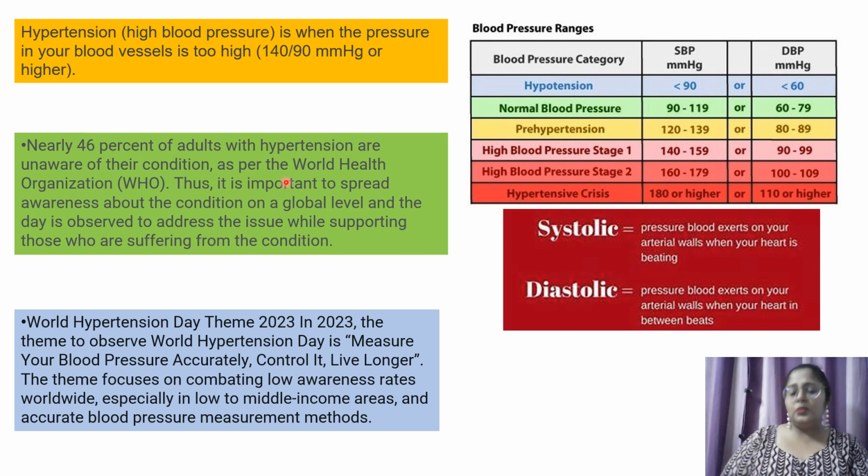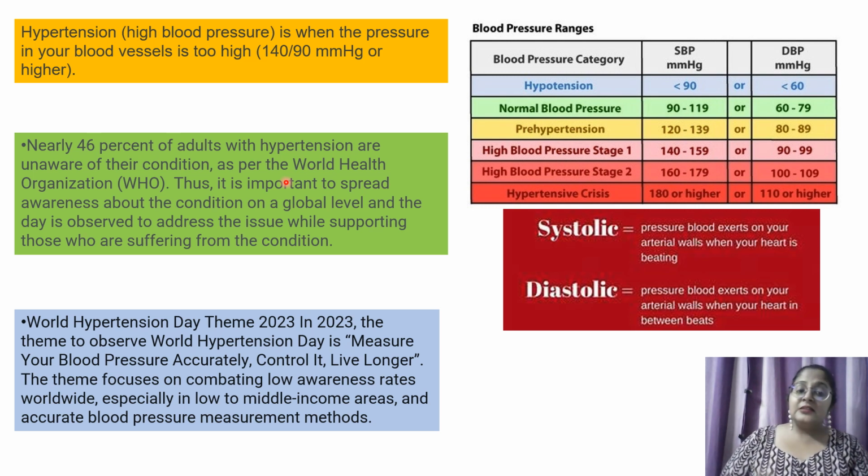Why do you think that they are not knowing that they are hypertensive? Please comment below. According to me, it is because there is a lack of awareness, and that is why, to spread awareness, not only this day but every day is required.